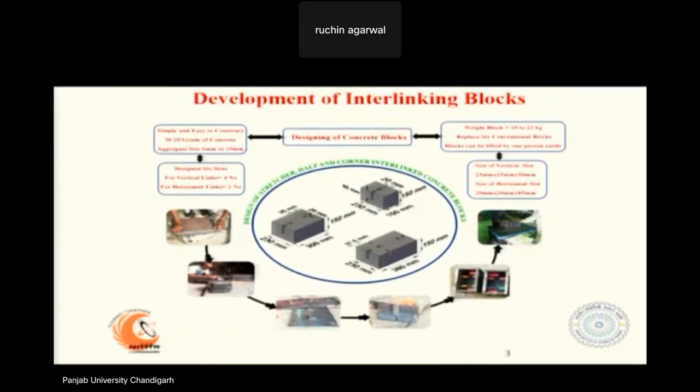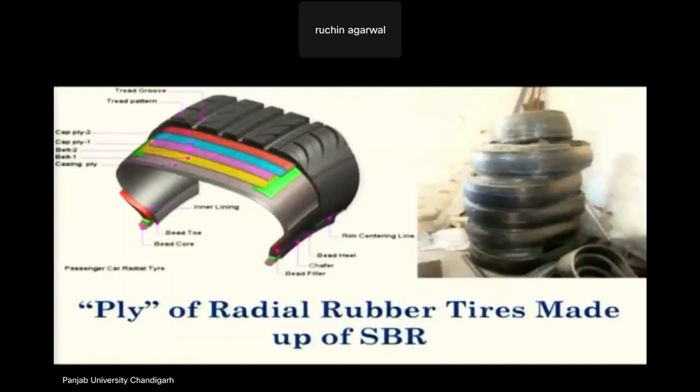One stretcher block can replace 6 bricks, and the cost of this one block is just on par with the 6 bricks you would provide in a structure. So these are the interlinking elements. We have made the interlinking element from the ply of a radial rubber tire.